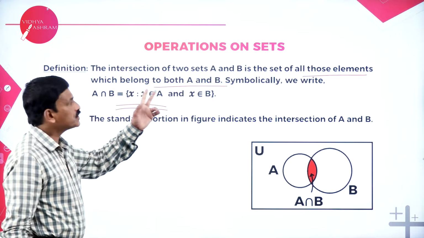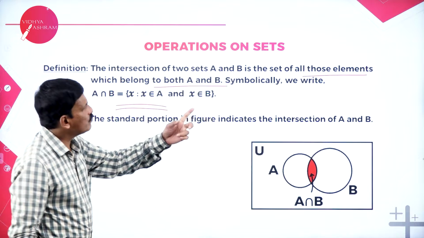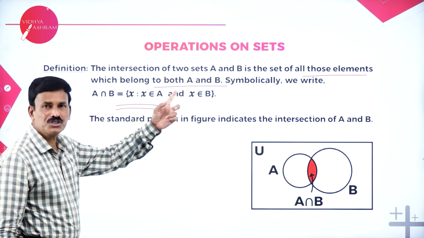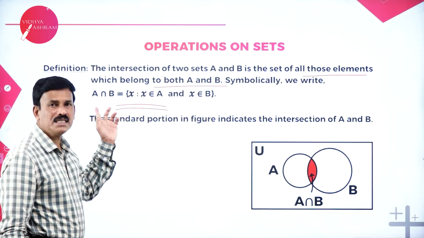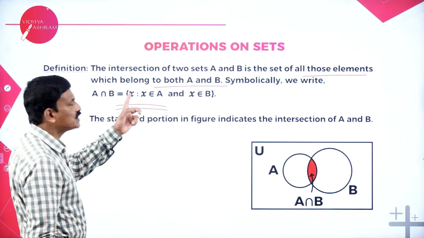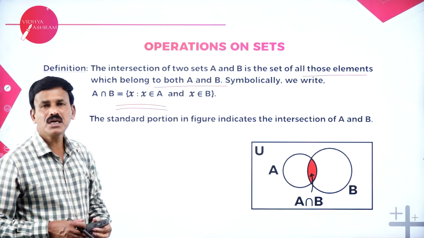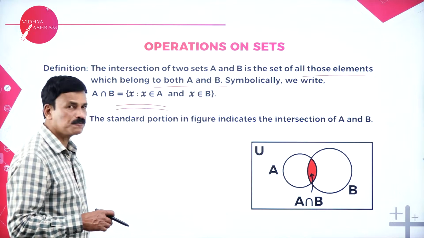That is, the intersection of two sets A and B is the set of all those elements which belong to both A and B, denoted by A intersection B is equal to {x such that x belongs to A and x belongs to B}.